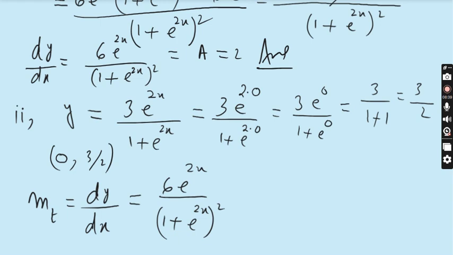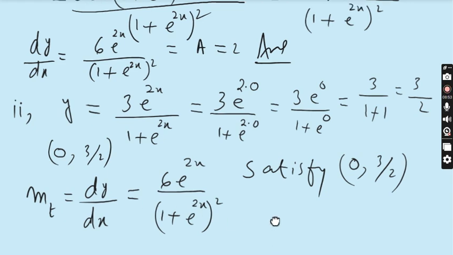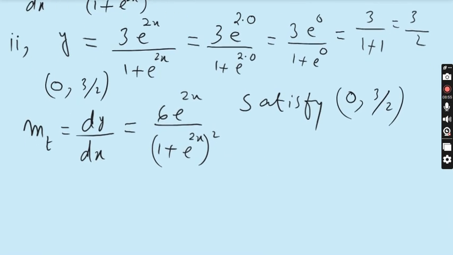Satisfy this derivative by 0, 3 upon 2. I am writing over here. So we have to put 0 where we see x, and we have to put 3 upon 2 where we see y.